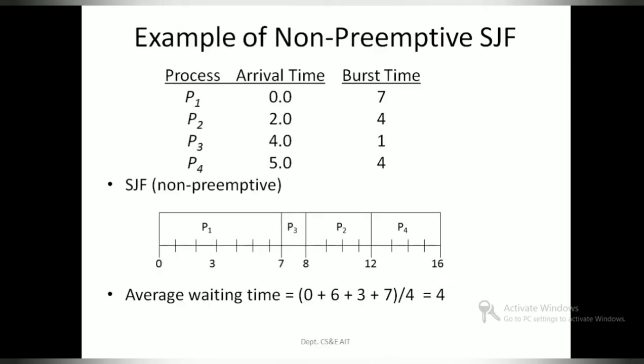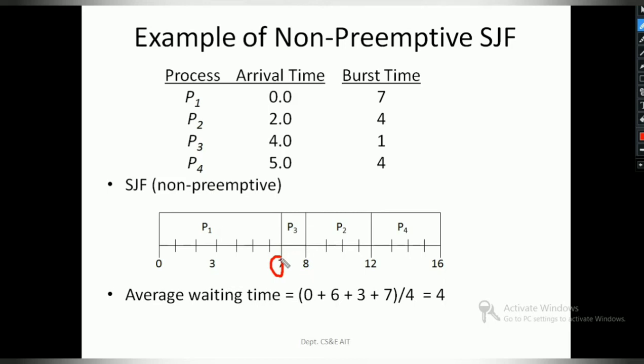Now this is a version of your non-preemptive scheduling. In non-preemptive scheduling, we say that once the process is allocated to the CPU, it shall not give it up until it has completed the execution.